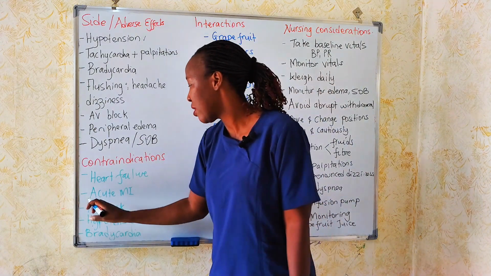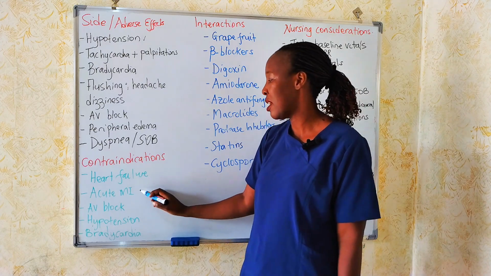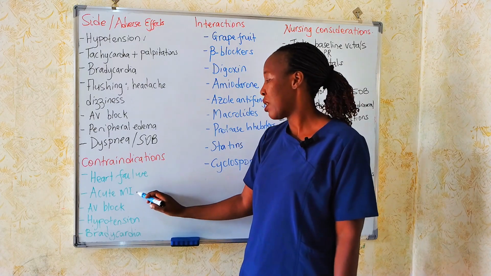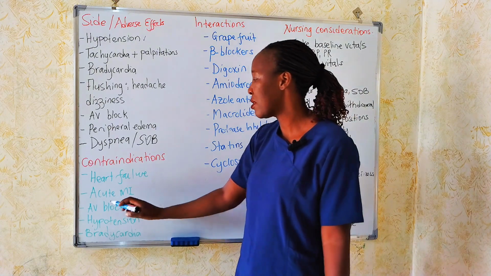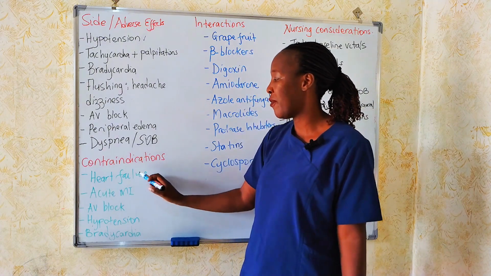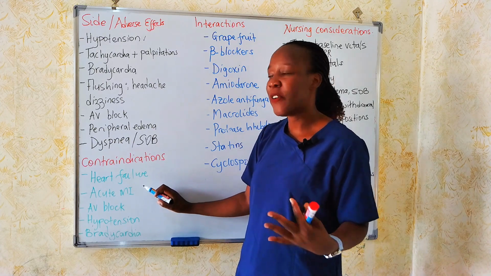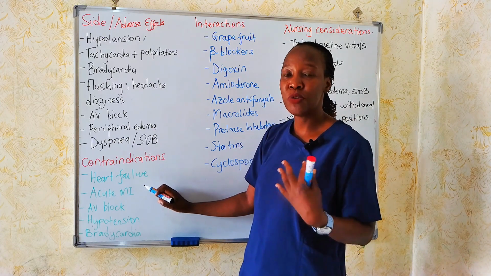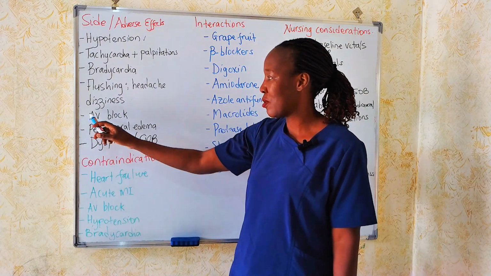We also don't want to give calcium channel blockers in clients who have experienced an acute myocardial infarction, okay? Because also most commonly these clients are going to have features of heart failure, and providing adequate cardiac output for tissue perfusion is going to be affected. We've already seen that these drugs cause AV block.